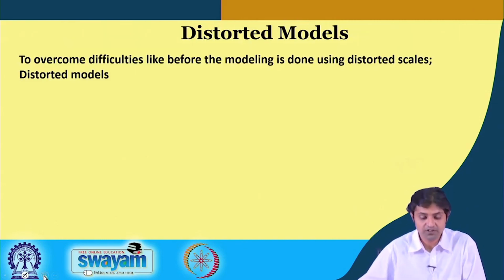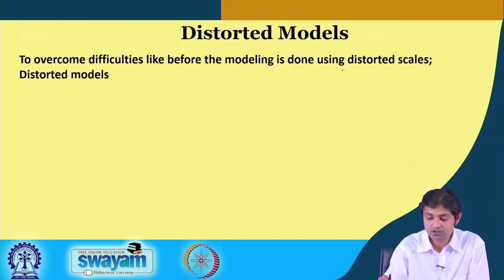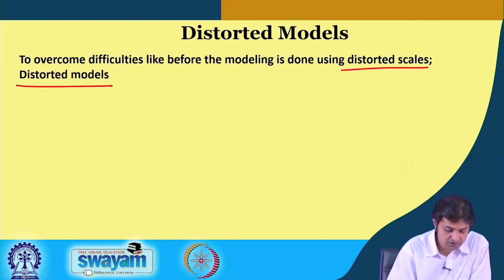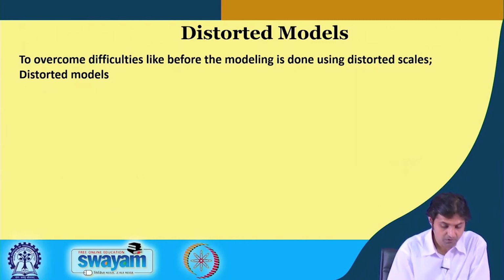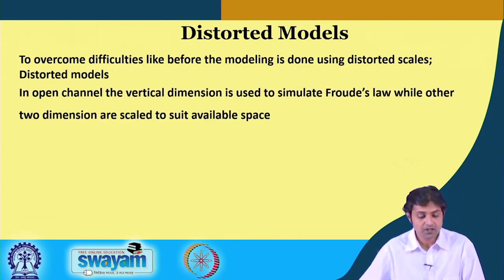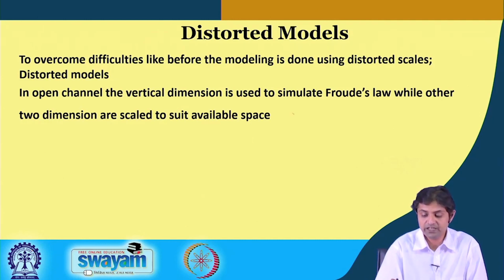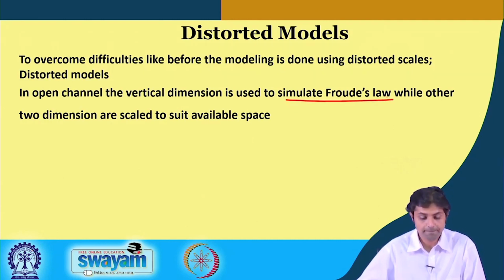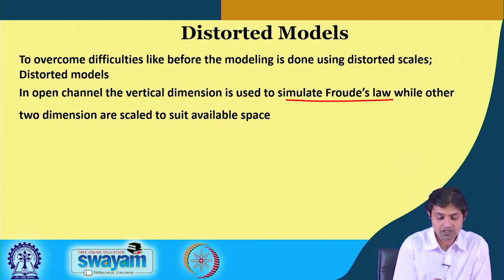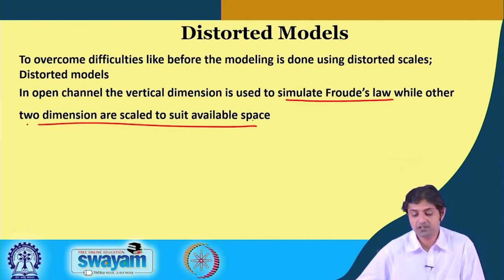So, to overcome difficulties like before modeling, I mean the one that we did, we use distorted scales or distorted models. So, what is done here? In open channel, the vertical dimension is used to simulate Froude laws, while the other two dimensions are scaled to suit the available space.